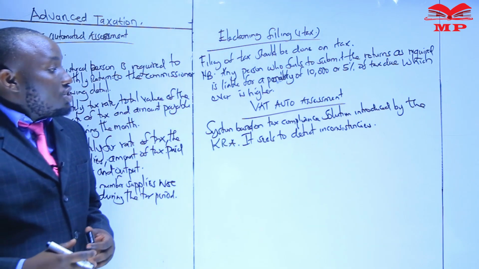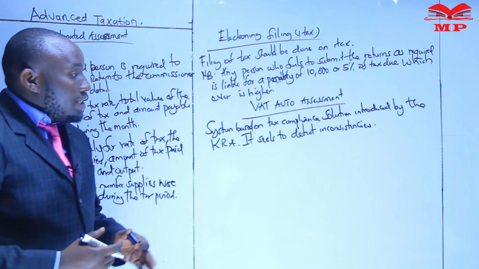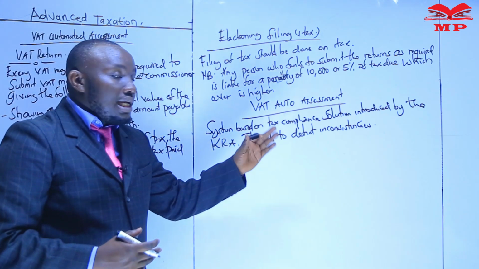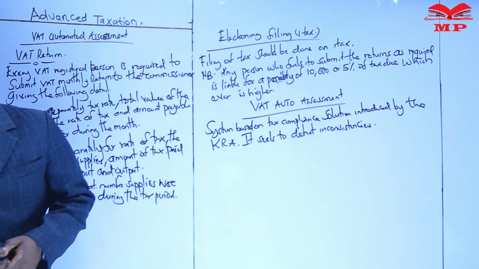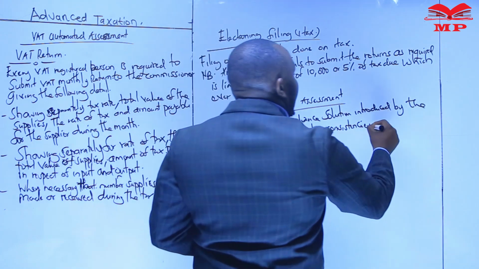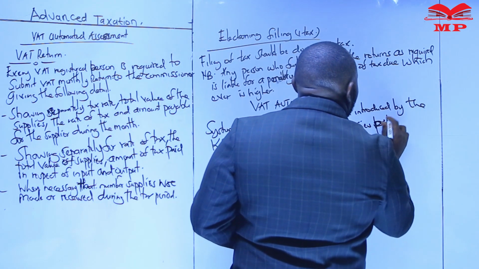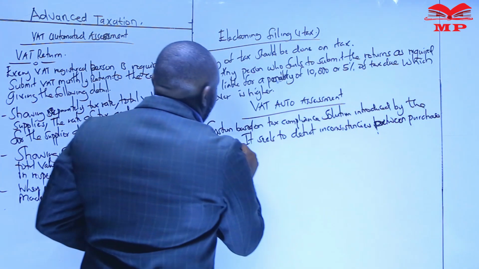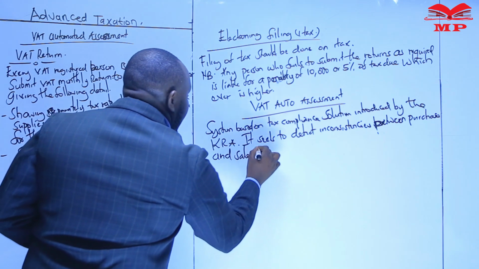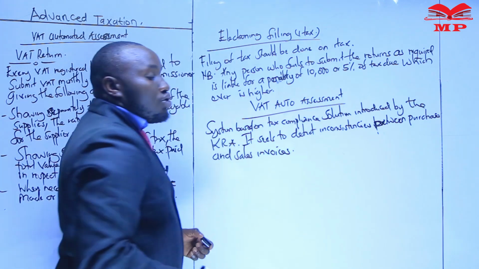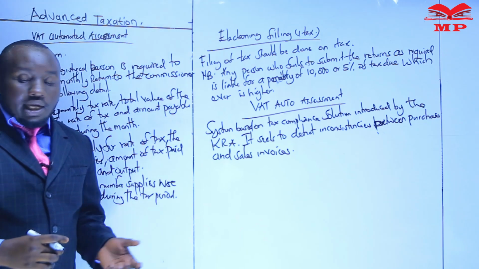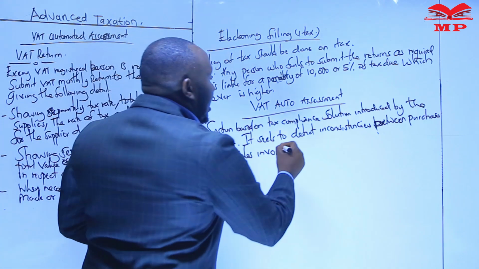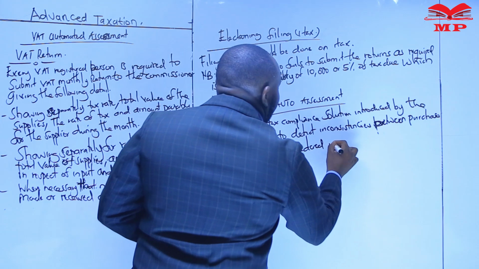It basically seeks to detect inconsistencies and anomalies when it comes to VAT filing and VAT refunds. It checks the inconsistencies between the purchases and sales invoices, and between the sales invoices declared in the VAT return.